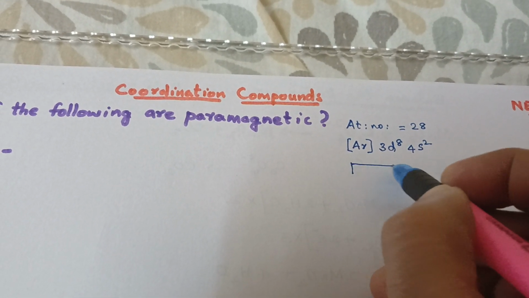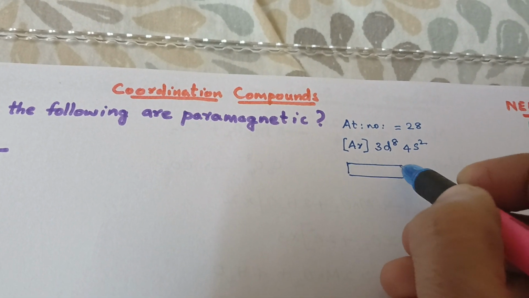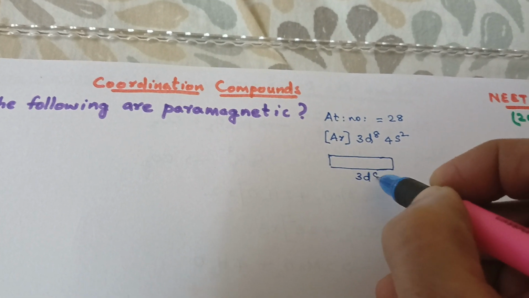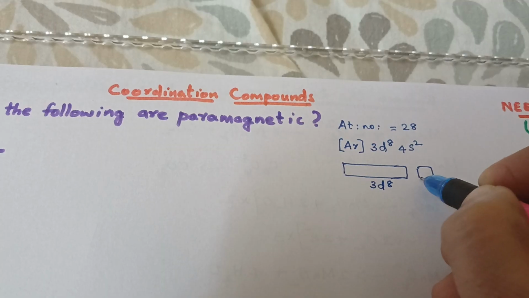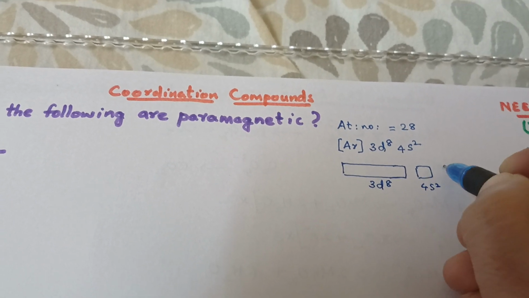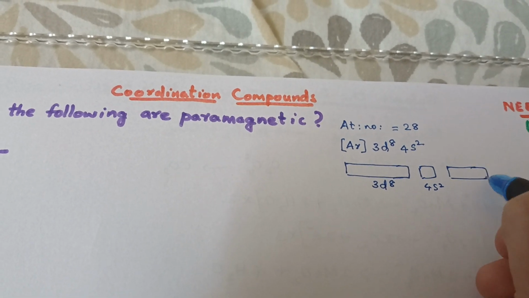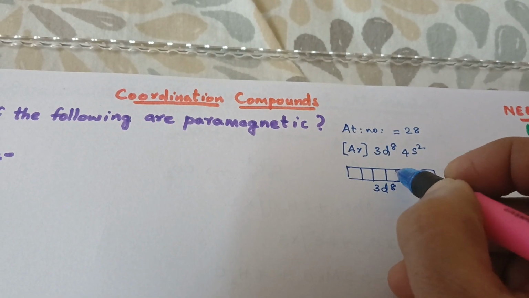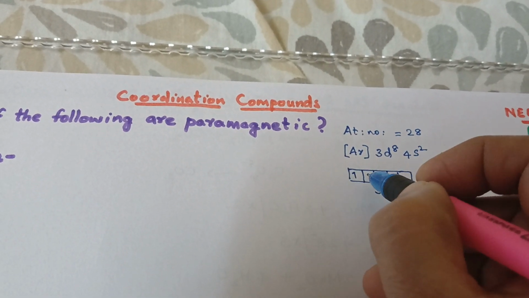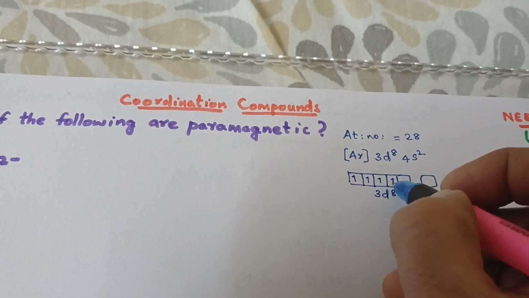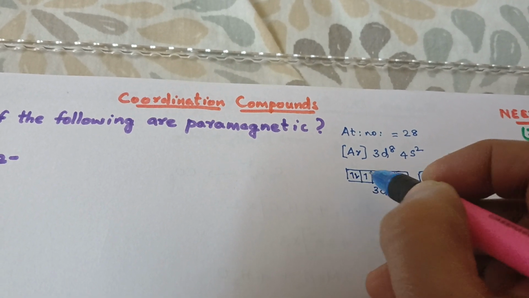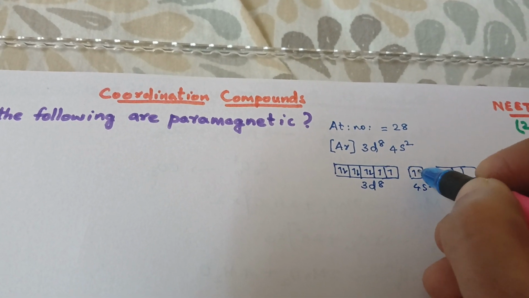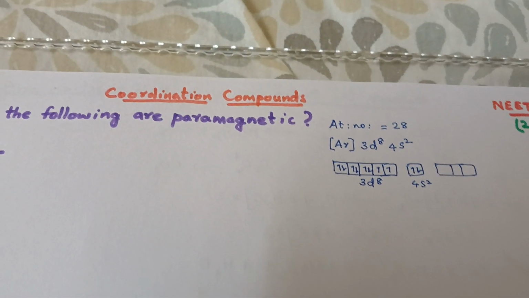The outer electronic configuration can be represented as 3d8, 4s2, and 4p vacant. 1, 2, 3, 4, 5, 6, 7, 8 electrons in 3d, and here you have 2 electrons.